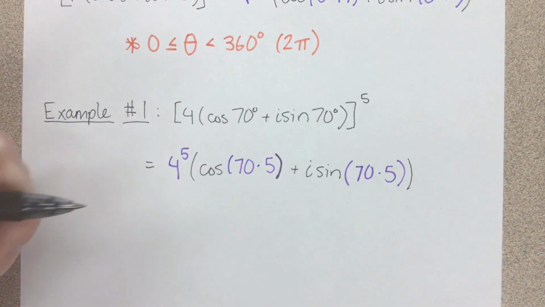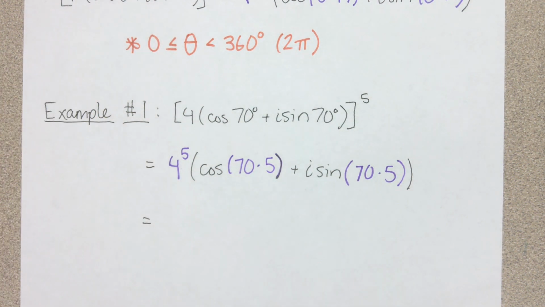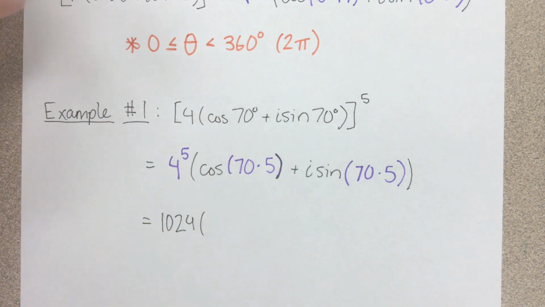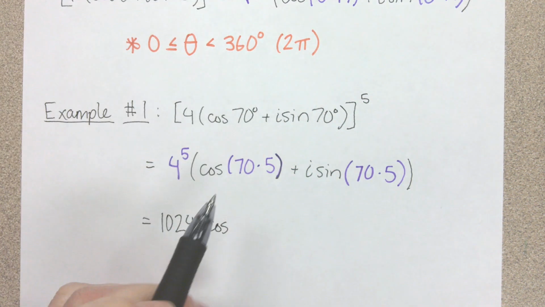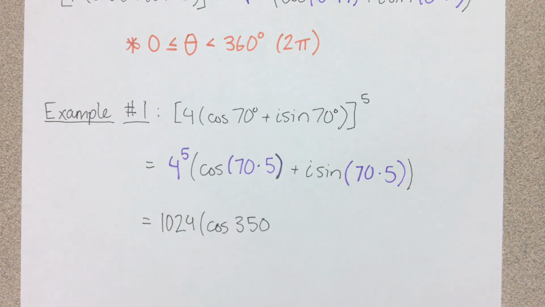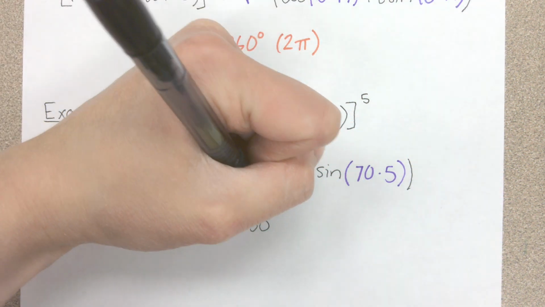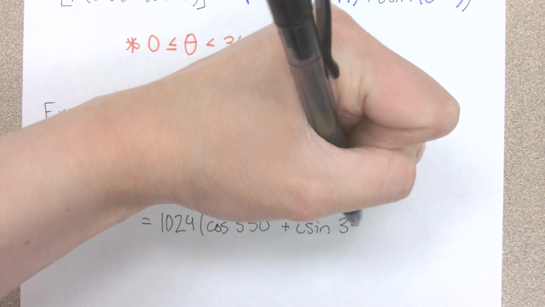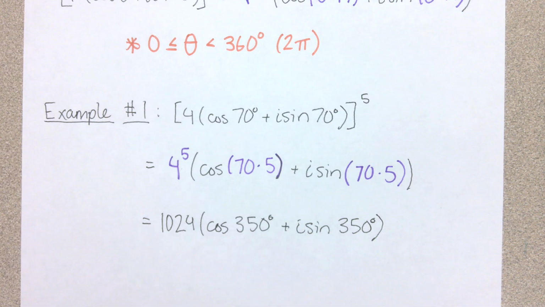And then you just do the math. 4 to the 5th is 1024. Parenthesis cosine of 70 times 5, that's 350, which is still less than 360, so that's allowed, degrees, plus i sine of 350 degrees. There's our answer.